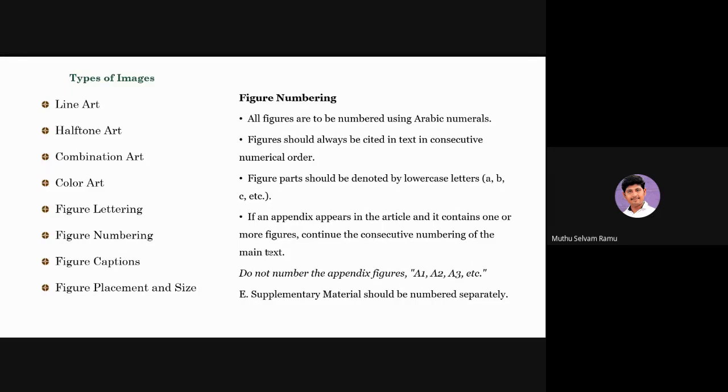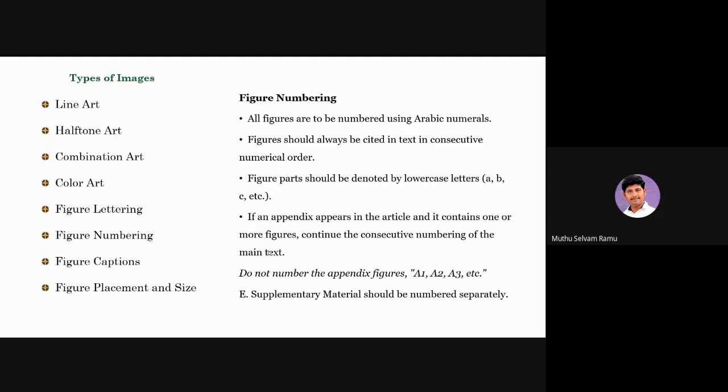For example, we might have split figures into many subgroups. As I have shown in one figure earlier, it has subgroups from A to E. It should always be denoted in lowercase.